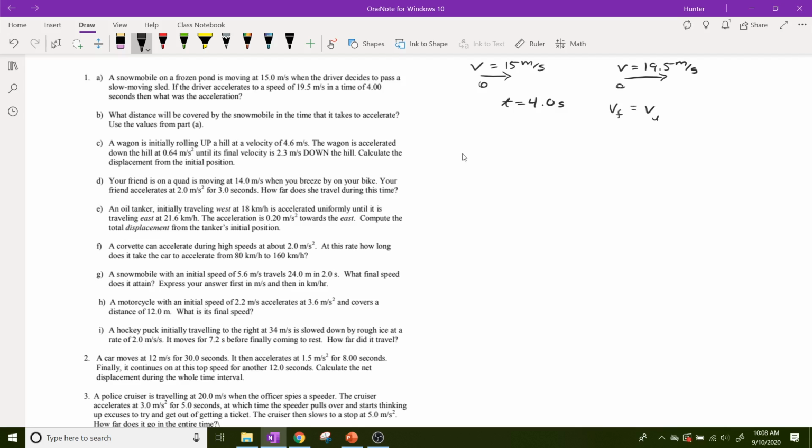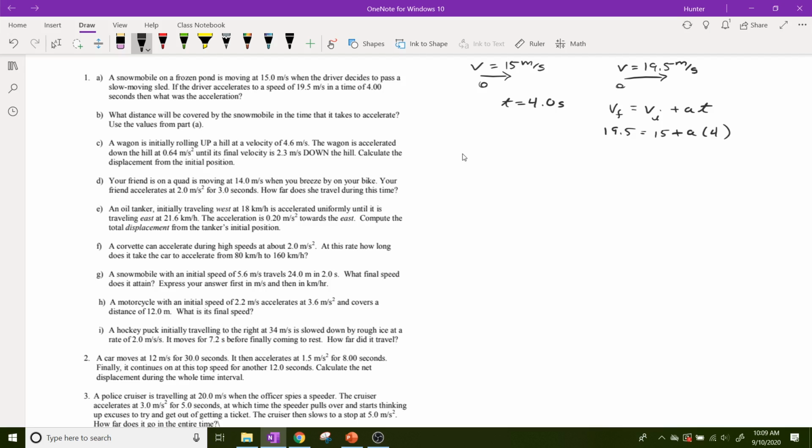Okay, so the one we're going to use is VF equals VI plus AT. And we have 3 of these. We're just going to plug in the 4th one. The final velocity is 19.5. The initial velocity is 15. The acceleration is, I don't know. And the time is 4 seconds.